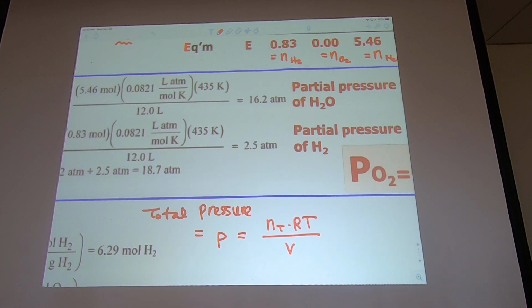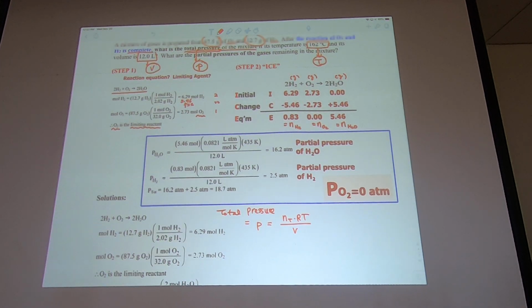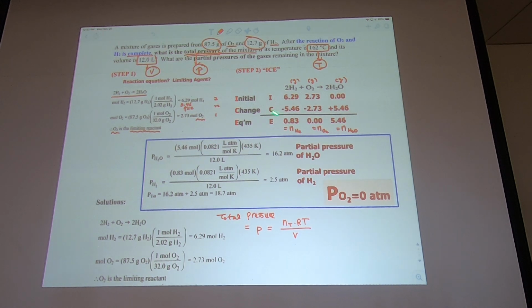Right? Okay. So going back to this, what's my N total? N total means everything: H2, O2, H2O. You put everything together. So here 0.8 plus 0 plus 5.46.